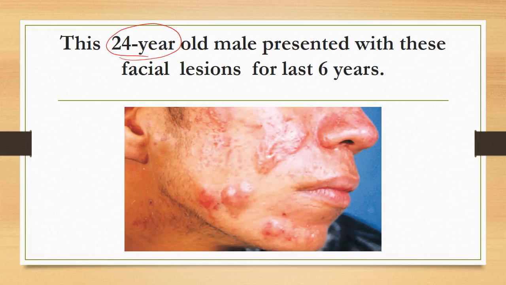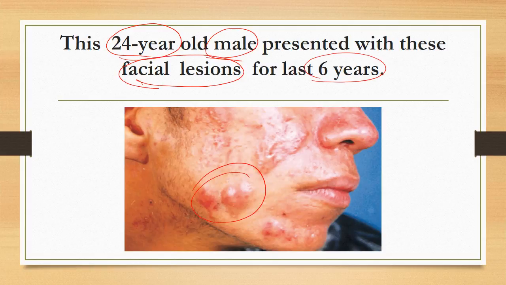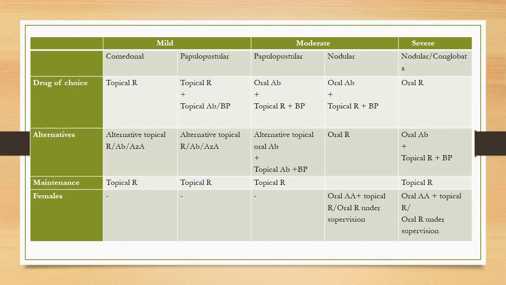Here we have a 24-year-old male who presented with facial lesions for the last 6 years. This is a typical image of nodular acne, typical history, male patient, androgens being at the heart of the pathology. Specifically, they'll mention usually male patients. This is acne. You have to answer acne sometimes, and sometimes they will take the question a step further and ask you the management.